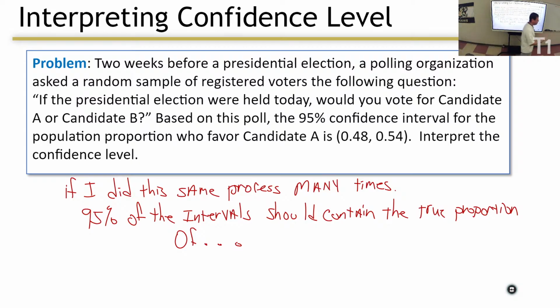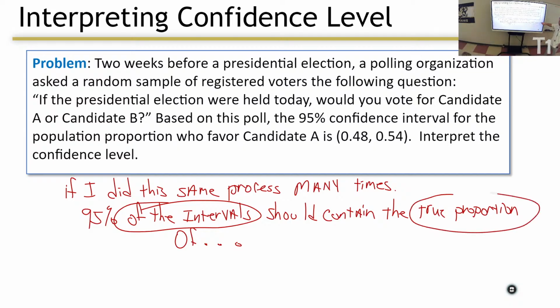Like I said, guys, 20-something years of teaching this same course, and I probably never write it the exact same way every time. But I will guarantee you, you got to talk about the population. They'll try to get you: 95% of these will capture the sample.